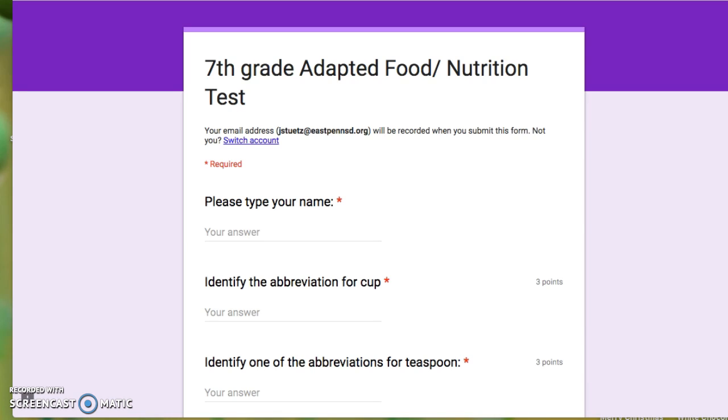Types of ingredients. Brown sugar is what type of ingredient? Baking soda is what type of ingredient? Peanut butter is what type of ingredient?